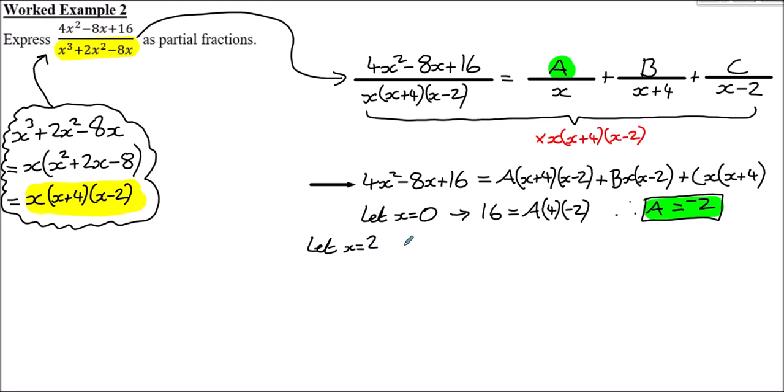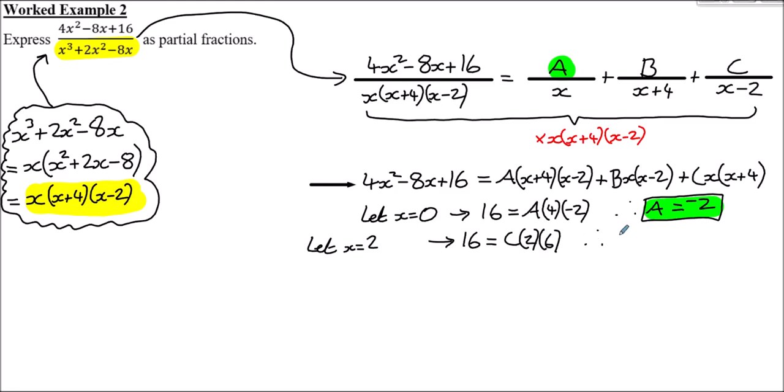So if x equals 2, 4 times 2 squared, 4 times 4 is 16, minus 8 times 2 is minus 16, 16 take 16 is nothing, plus 16, again weirdly, I still get 16. Over here, the a terms vanish, b terms vanish. I'll just have c times x, which is 2, times x plus 4, which is 2 plus 4, which is 6.